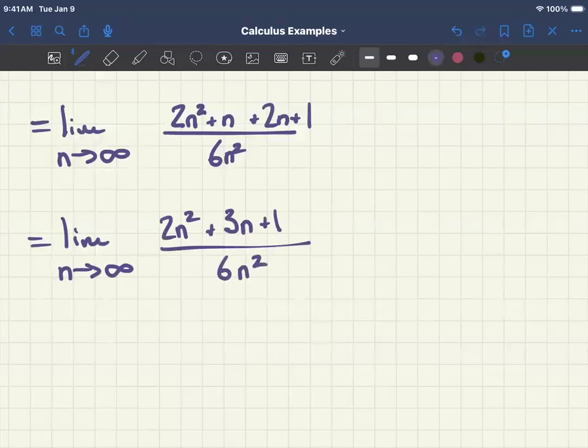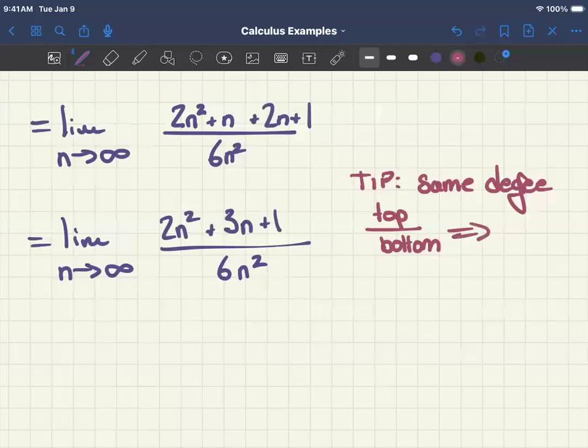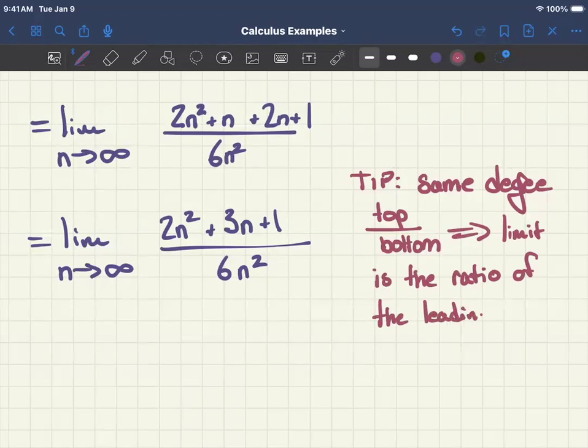Now, here's a little bit of a tip. If we have the same degree on the top as on the bottom, then your limit is the ratio of the leading coefficients.